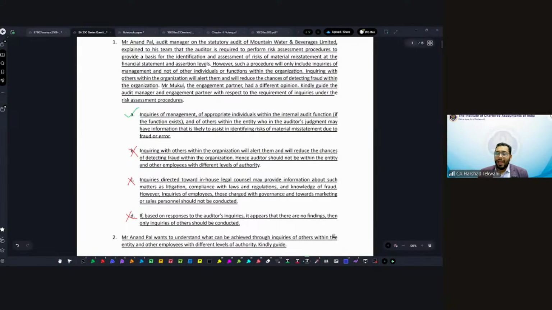You may do inquiries with the different people in the organization who take care of the respective area. So you may do inquiries with the procurement team to understand the procurement. So these are certain examples of inquiries you can do, and this is the information you can get.